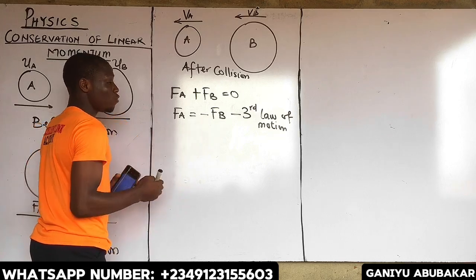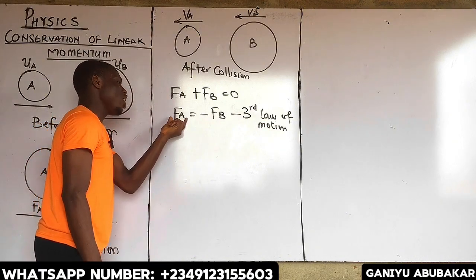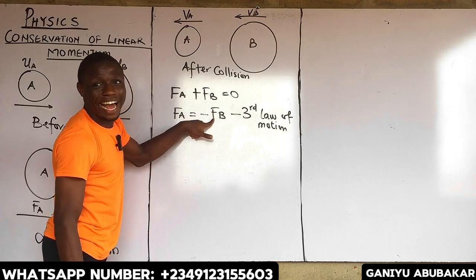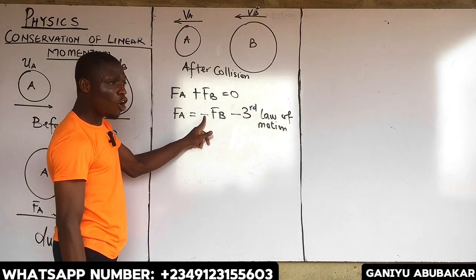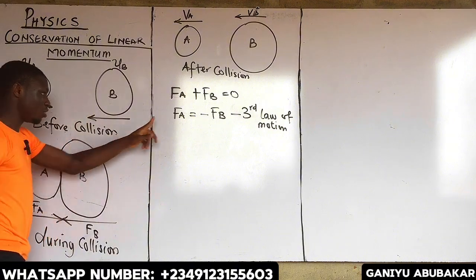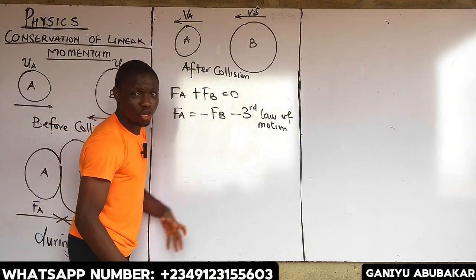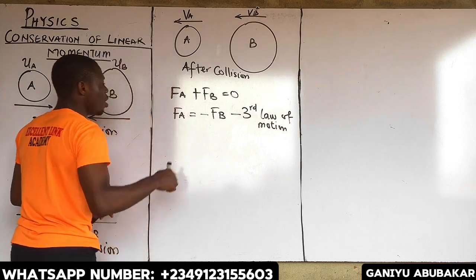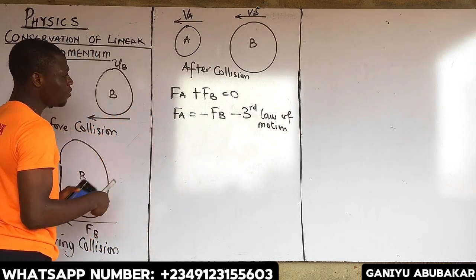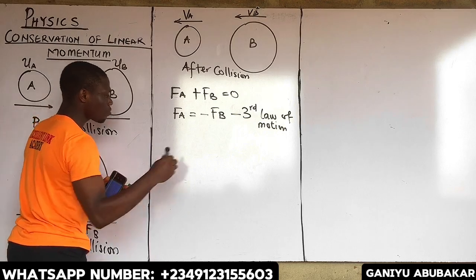This idea was from Newton's third law of motion, that for every action there is an equal and opposite reaction. This is negative, opposite reaction. So for every action, right, there's an equal and opposite reaction. So if this is true, from here now, record something, please. This is force.